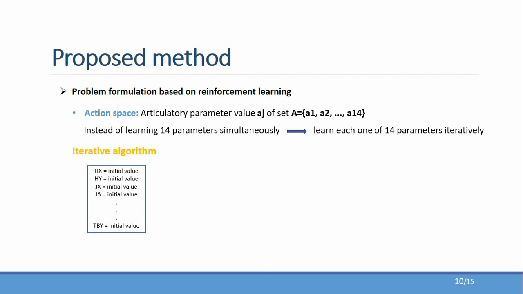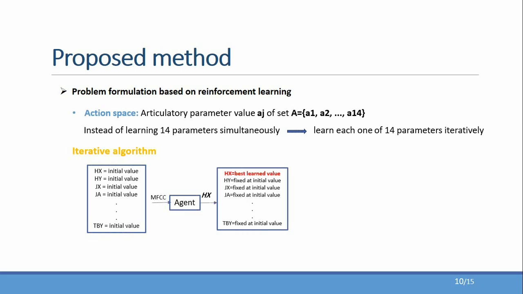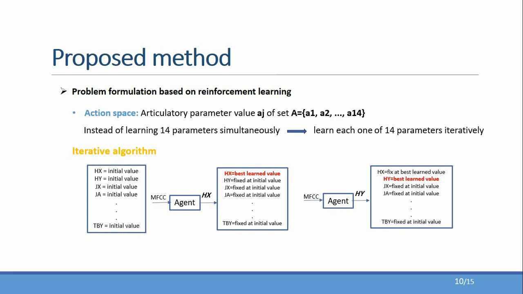First, initial values for all parameters are adjusted, and I will explain the initial value later. In the first iteration, DDPG tries to find the best value for hx, while the other values are fixed at their initial value. In the second step, hx is fixed at its best learned value, hy is being learned, and the other parameters are fixed at their initial value.